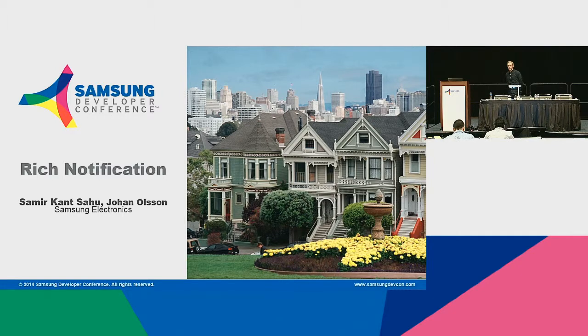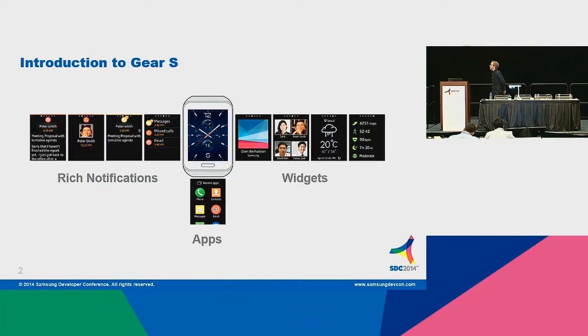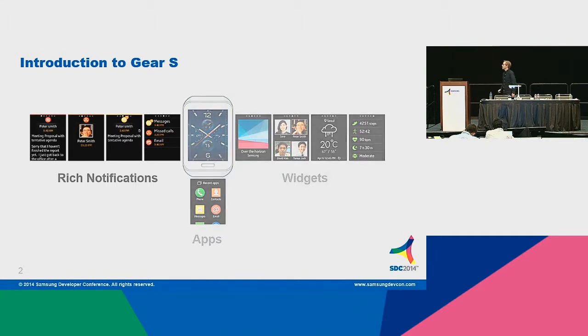All right, so let's get started. First off, the Rich Notification SDK is an SDK for Android. So it's a way for you to send notifications from your Android phones to the Gear S. And the Gear S, which is Samsung's latest wearable, has applications, widgets, and notifications.